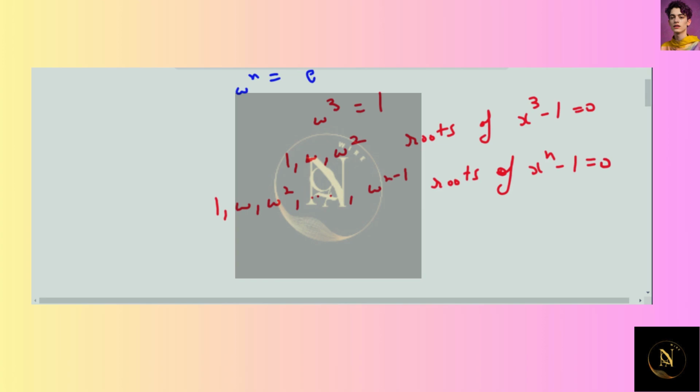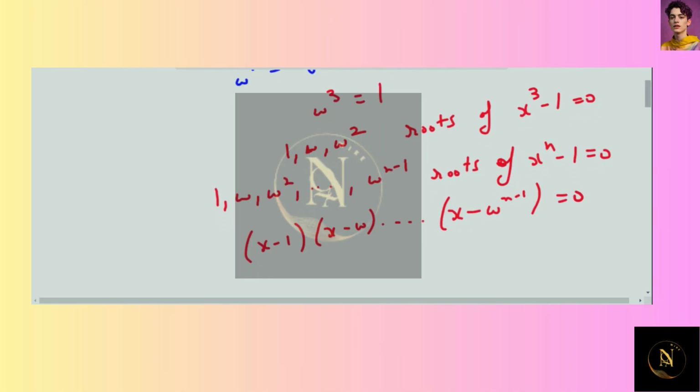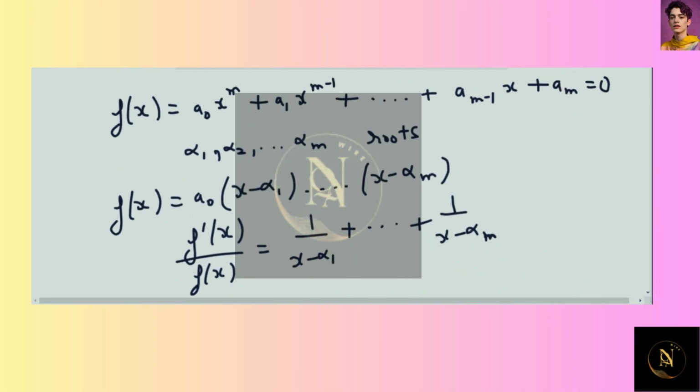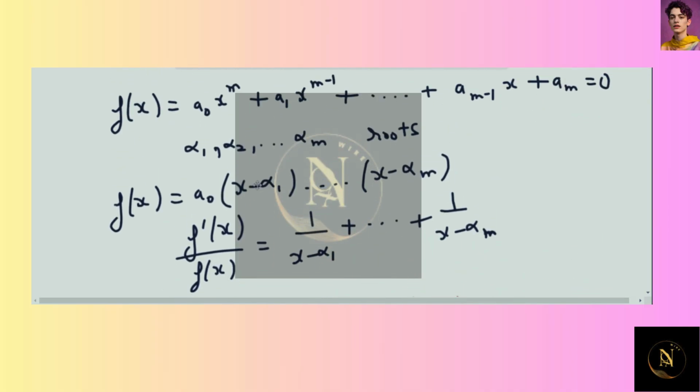Now this polynomial x to the power n − 1 equals 0 can be written as (x − 1)(x − omega) and so on, (x − omega to the power n − 1) equals 0. Now that is f(x). Compare here: alpha 1 is 1, alpha 2 is omega, and so on, alpha m is omega to the power n − 1.